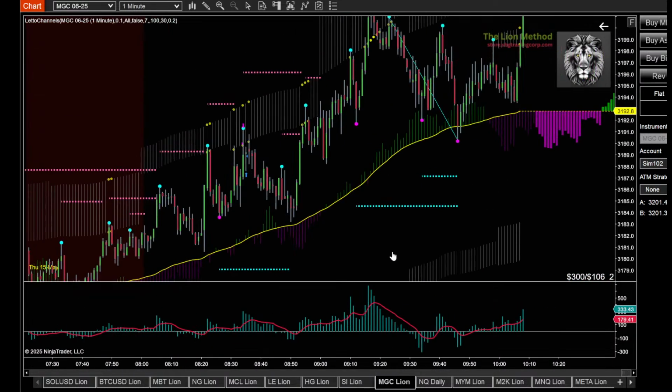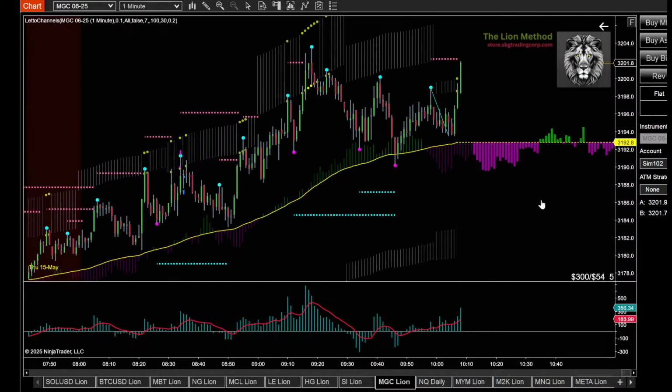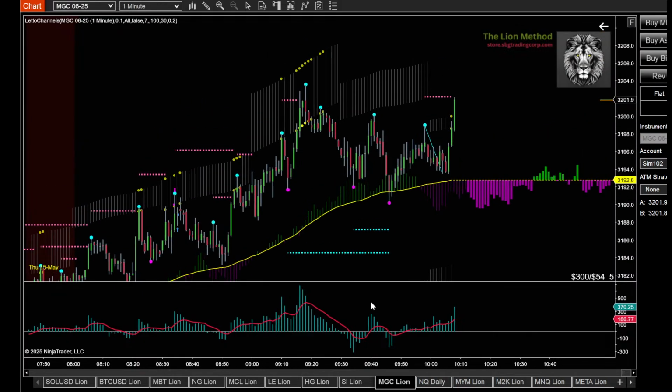Take a look at gold. All right, well, gold was certainly going south while price was rising into the overbought area. We see a push up in order flow, quickly reverses out of that.